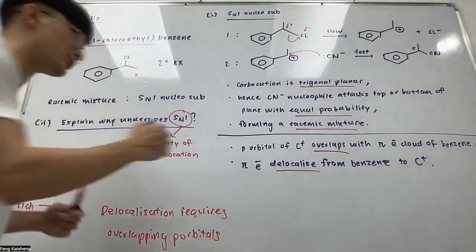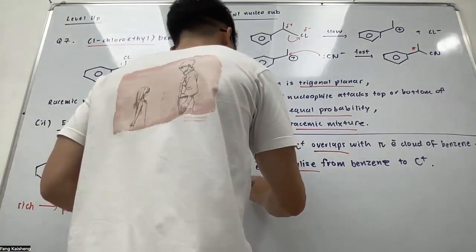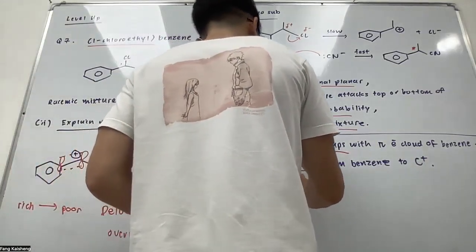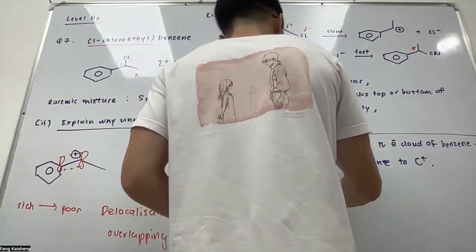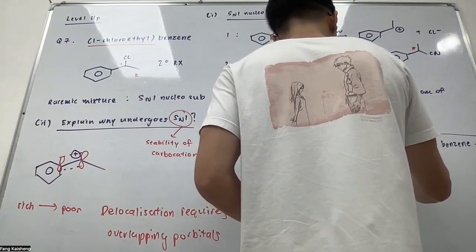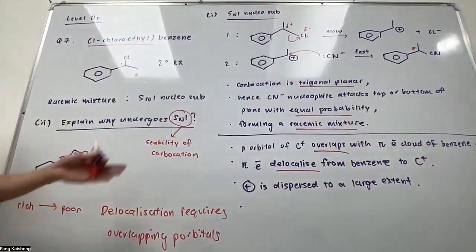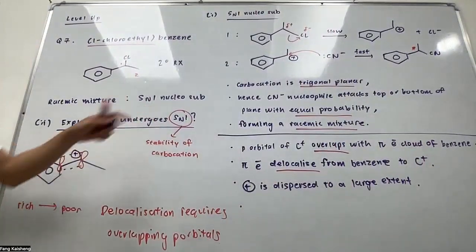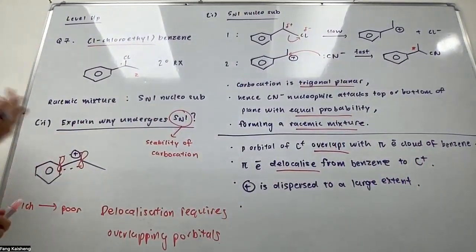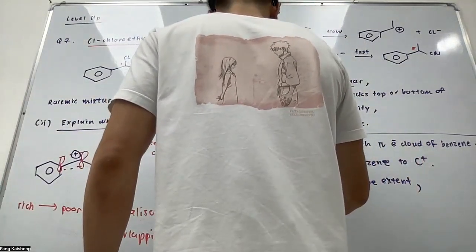The positive charge is dispersed to a large extent, which will make it stable. That's how it can undergo SN1. Don't lose track of your goal. So the carbocation is stable.